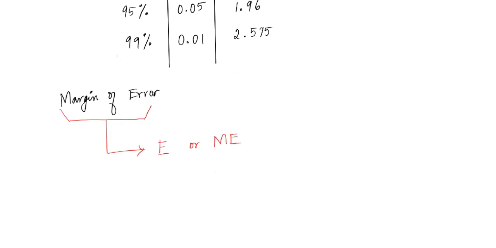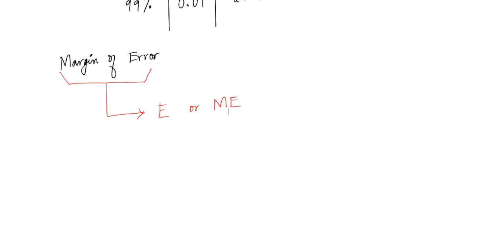Then we talk about margin of error. Books can use different notations for this, so please understand how they are calling it. The notation could be simply a capital E or ME for margin of error. So just see what the book says.